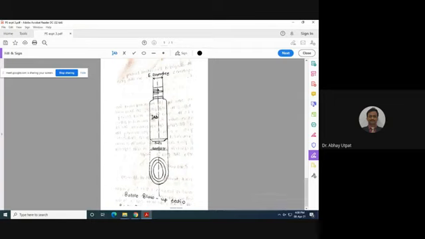If the bottle diameter is 4 centimeter and the parison diameter is 2 centimeter, then blow ratio is equal to bottle diameter divided by parison diameter, and it becomes 2, that is 4 by 2.